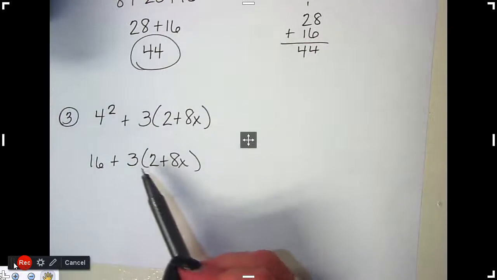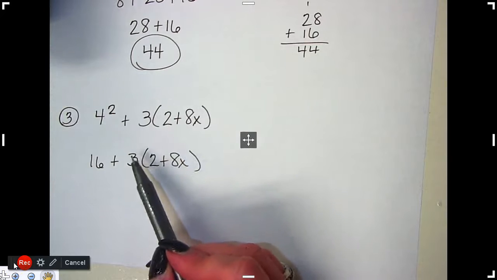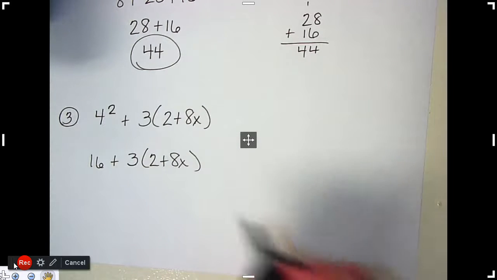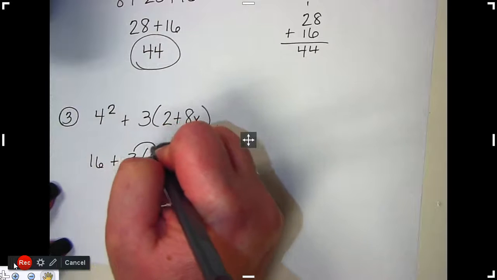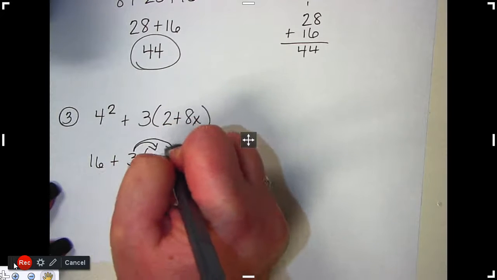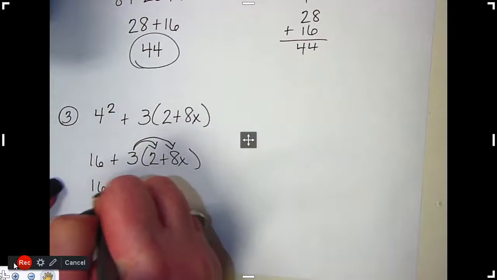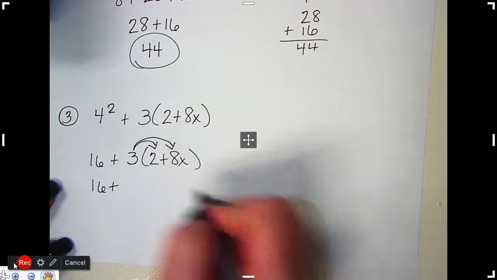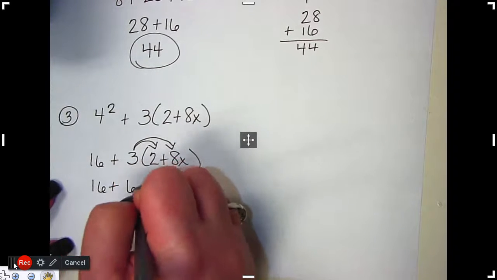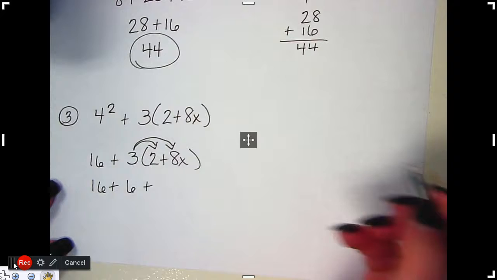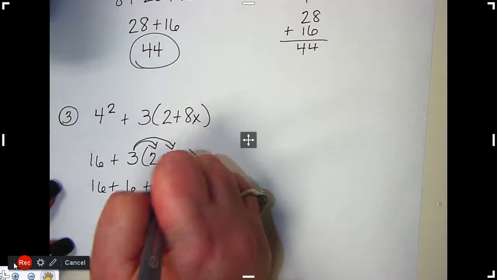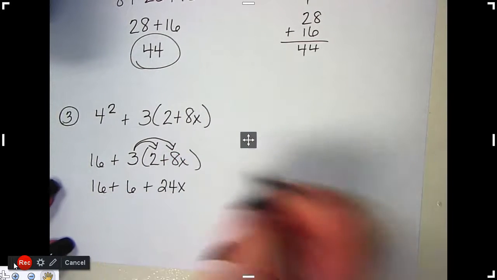Okay, so what property is this? When I multiply this 3 times everything inside of there, I need to do the distributive property. So then it's 16 plus 3 times 2 is 6 plus 3 times 8x is 24x.